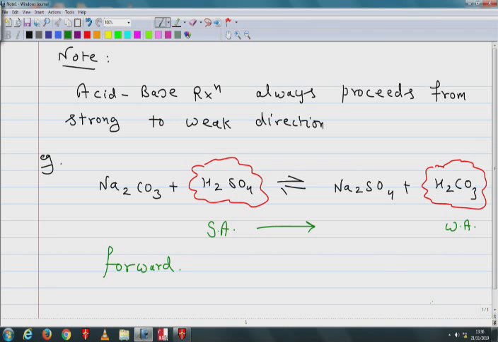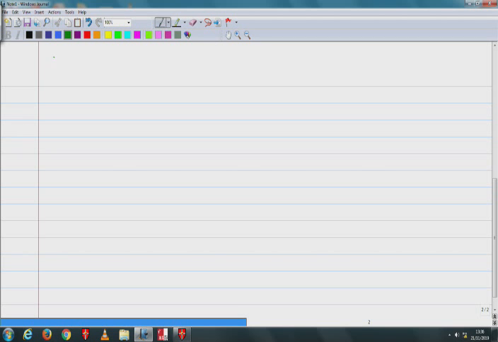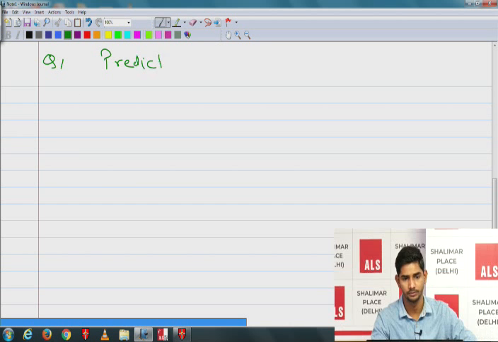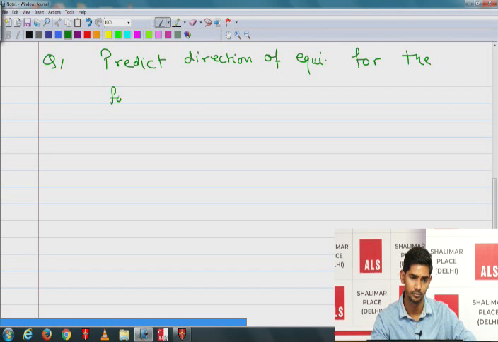Okay. Now I'm giving you questions. Guys, you have to predict the direction of equilibrium for the following reaction.